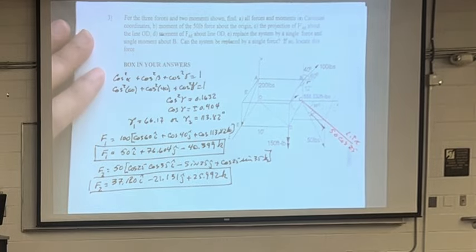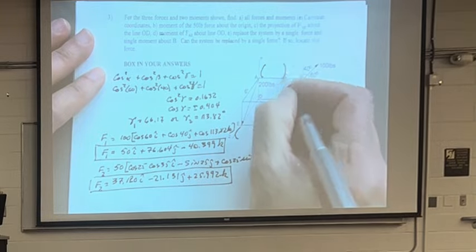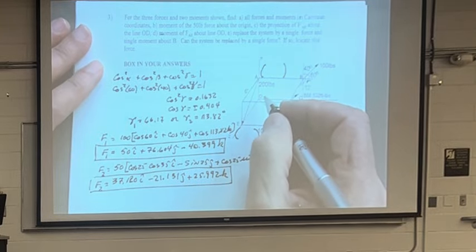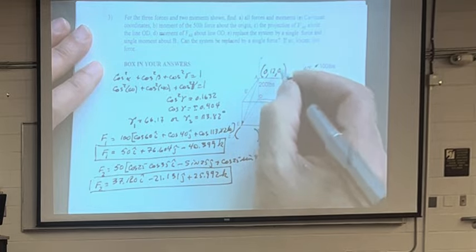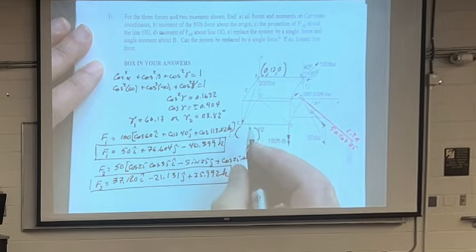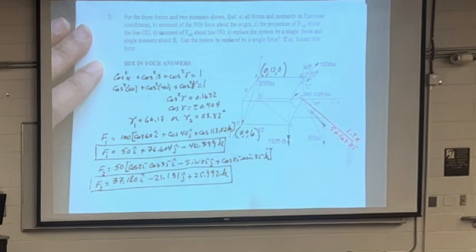F3, we'll call that FAE. I need the coordinates of E and the coordinates of A. Coordinates of A are 0, 12, 0. Coordinates of E are 0, 0, 6.